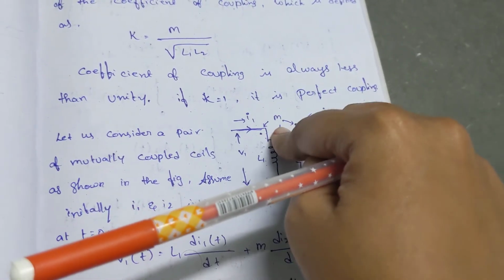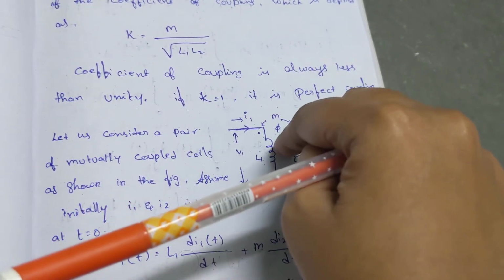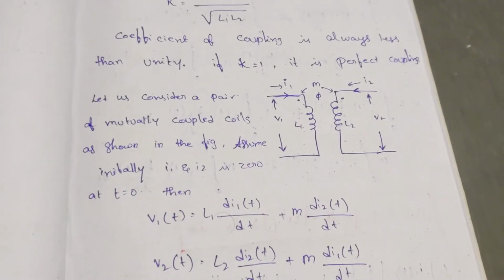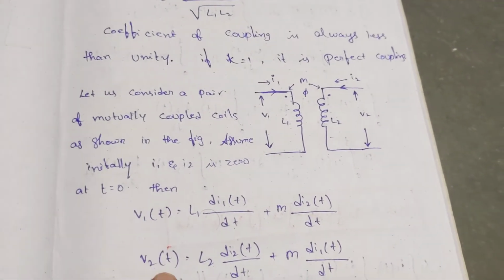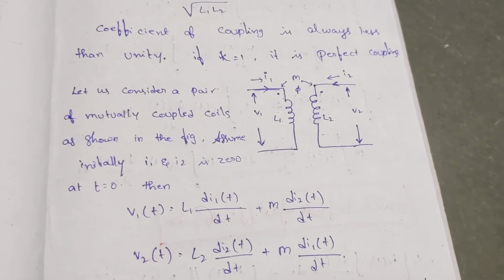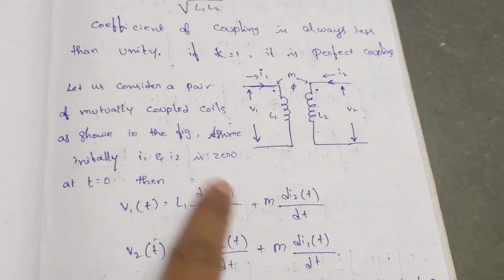If M is negative, we say it is a magnetically opposing circuit. Based on that, we derive the voltages across coil number 1 and coil number 2.